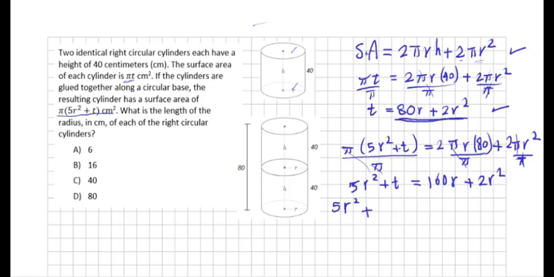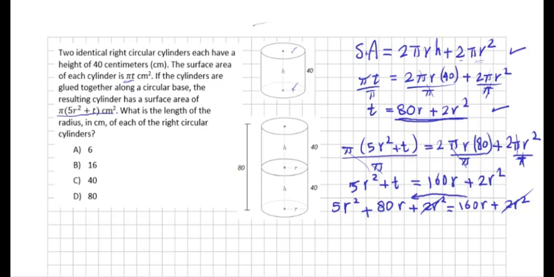We write the equation like this: 5r squared plus, instead of t, 80r plus 2r squared. The right side stays as it is, 160r plus 2r squared. You can easily cancel out the 2r squared from both sides. Now we can move the 80r to the other side, or move the 160 to this side.